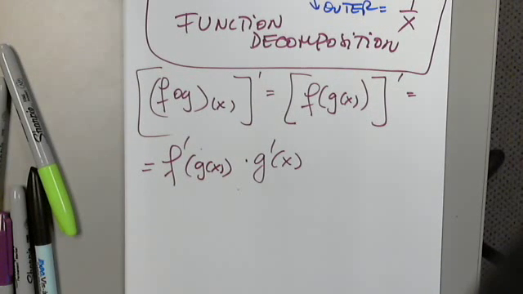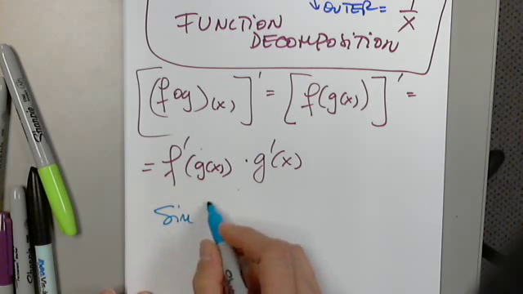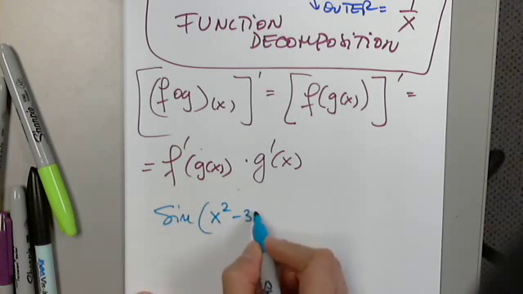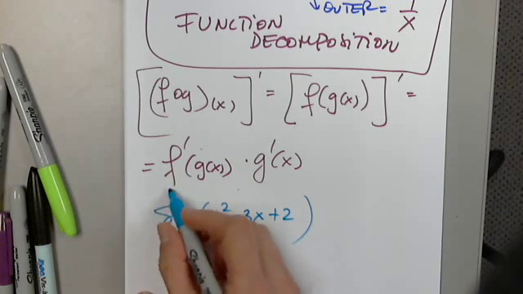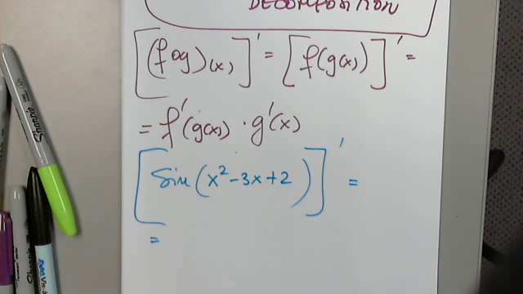Okay, I want to give an example. Let's say we have a sine of x squared minus 3x plus 2. And we want to differentiate this. Which one is the outer and which one is the inner? And you can say there is more than one correct answer, and I will have to agree. But which one is the outer? Sine. Which one is the inner?